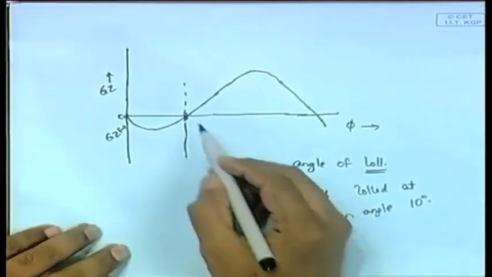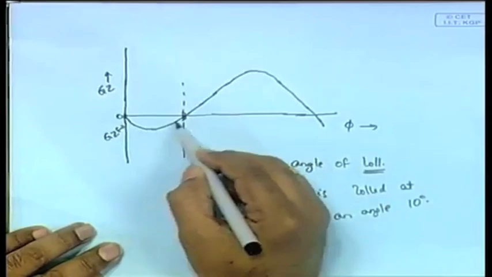So, there is no problem as far as this region is concerned, but in this region, when it is between 0 and 10 degrees angle of heel, if it heels by some factor, let us say wind caused it to slightly heel, the righting arm will itself cause it to heel in the other direction, and it will go till it is 10 degrees. Beyond that the righting moment will try to bring it back. So, the ship will remain at this. So, in general the ship will be going like this. Okay.